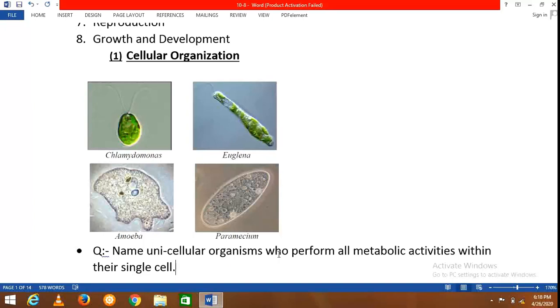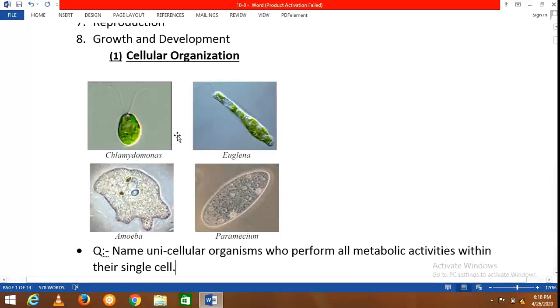They show organelle level organization. When it comes to multicellular organisms, they exhibit cellular level organization.